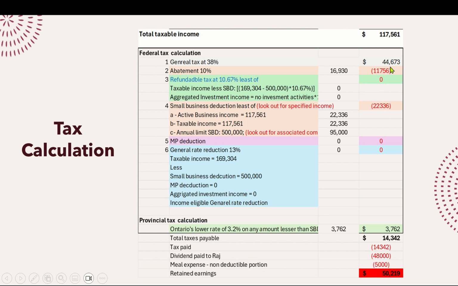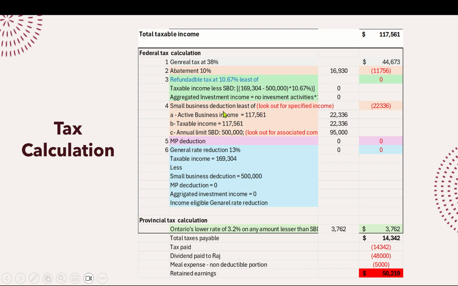And this is the general tax rate at 38%. And this is the amount, $44,673. The abatement is 10%. You can see it here. You'd have to disregard this 16,000 number. It's 11,756. I used it for something else for comparison purpose.